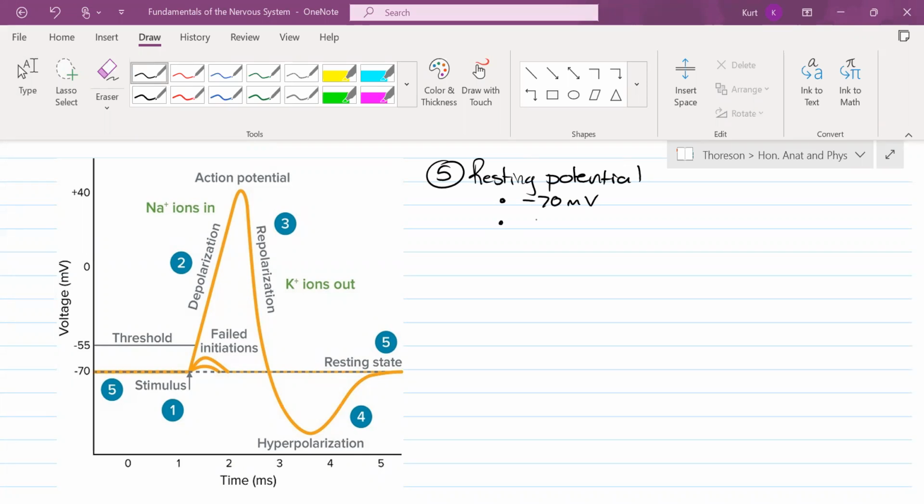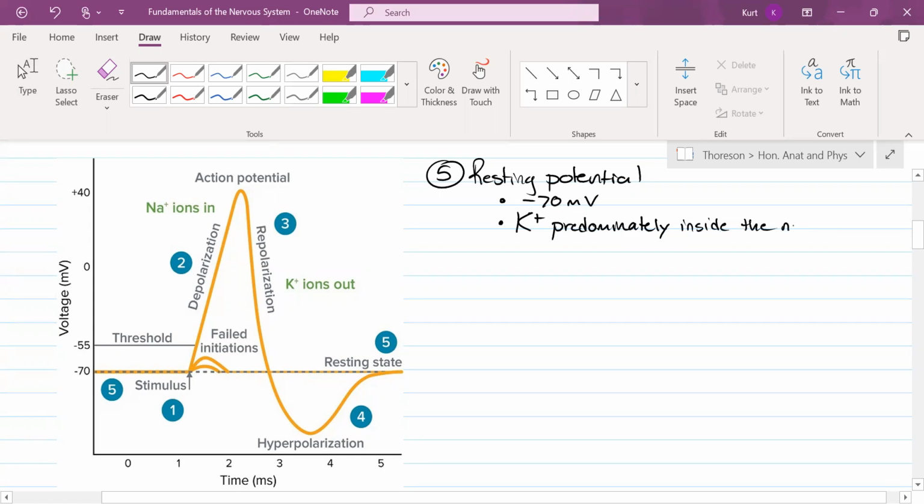Potassium is predominantly inside. Potassium symbol is K. And what ion is predominantly outside during rest? Sodium is predominantly outside.